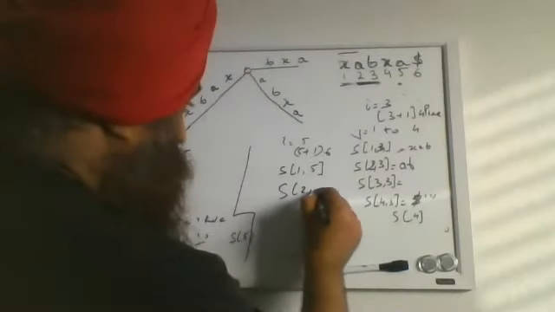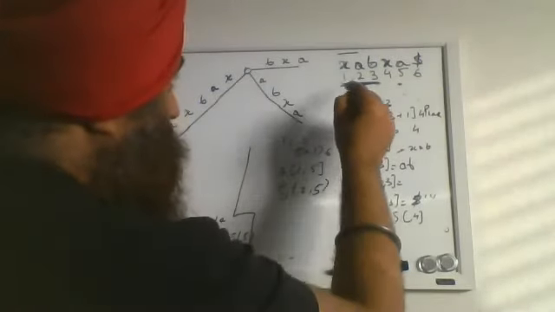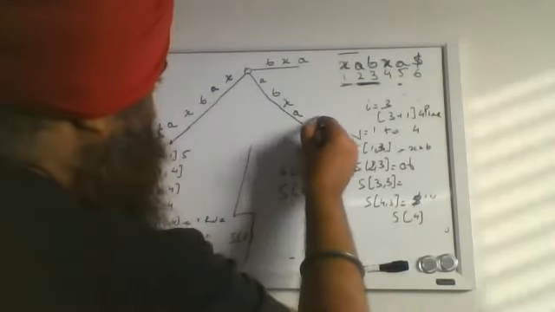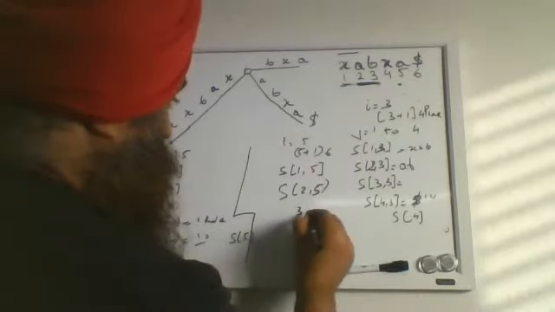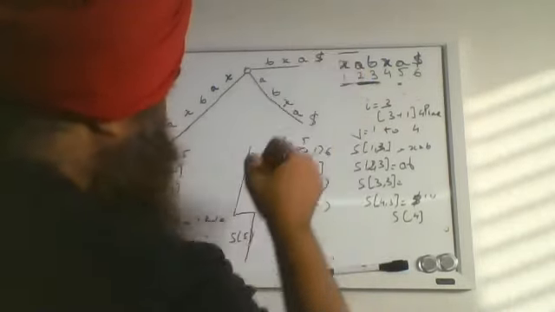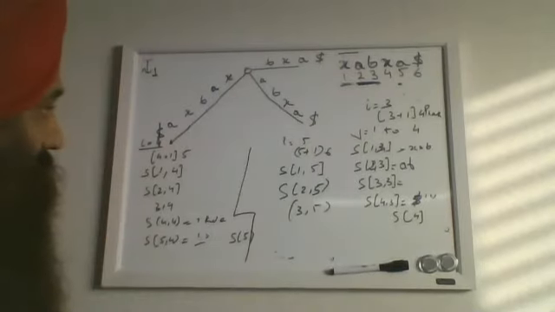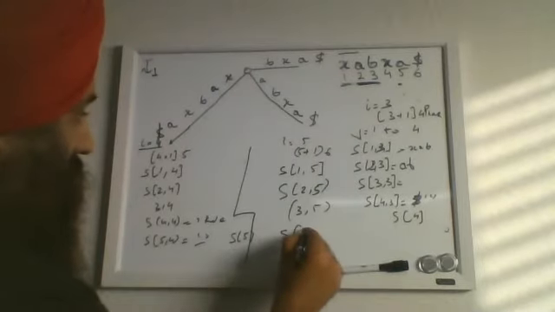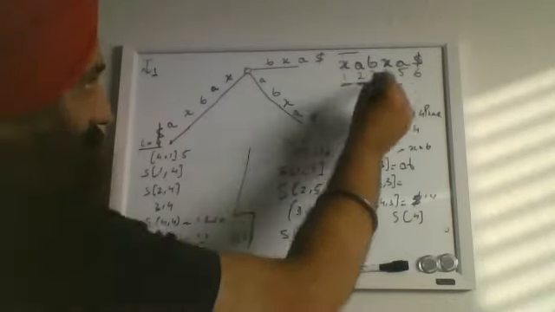S[2..5], ABXA is present, you add the dollar sign. 3 to 5, BXA is present, you add the dollar sign to it. Now S[4..5], which is XA.